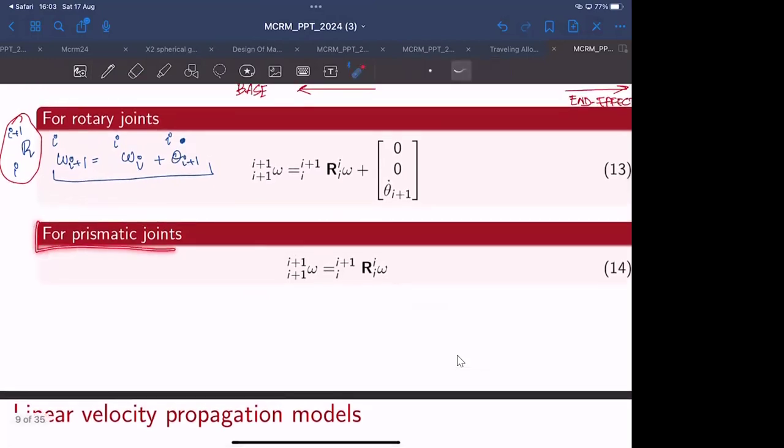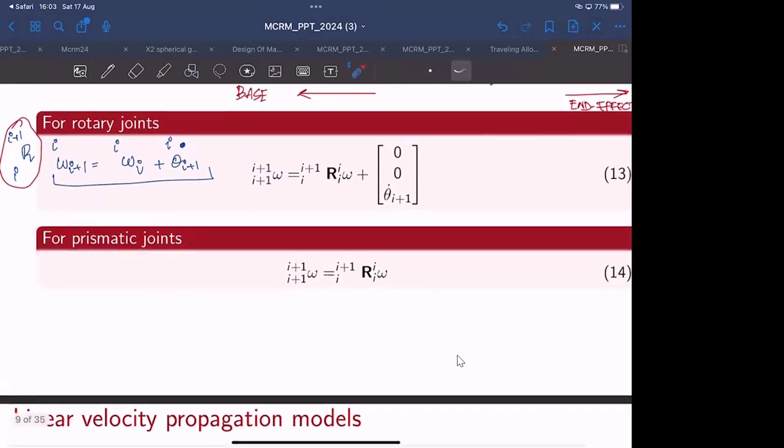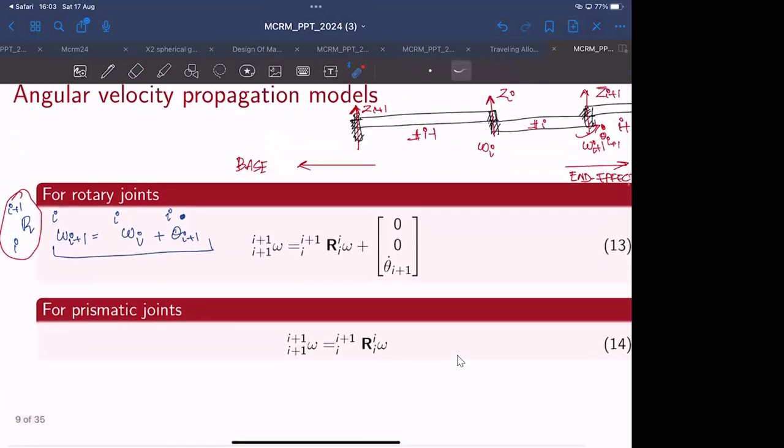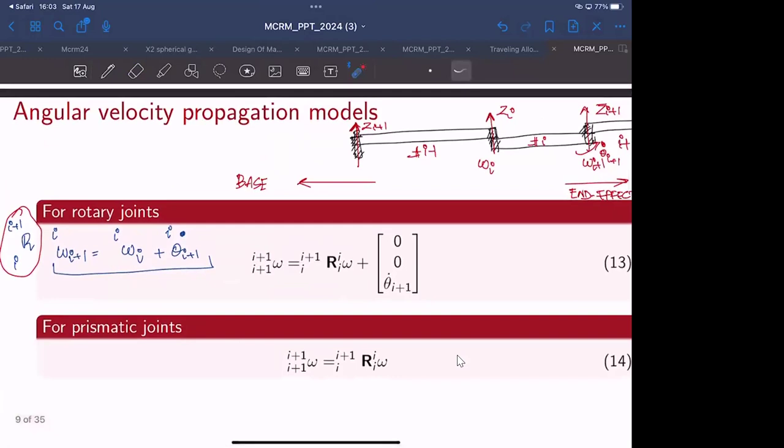And what would be the case of prismatic joints? In case of a prismatic joint, you don't have this joint variable, theta I plus 1 dot, right? Because a prismatic joint does not have a rotation. It has a sliding input. So the angular velocity of the prismatic joint is the angular velocity of the previous joint itself. There is no new component of theta I plus 1 dot.